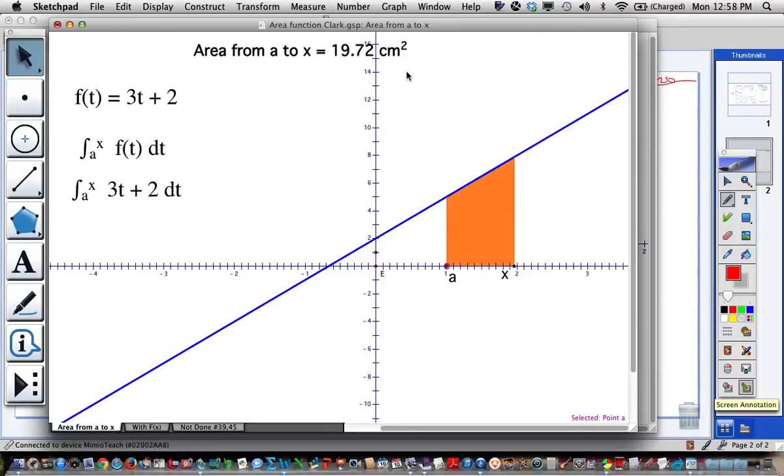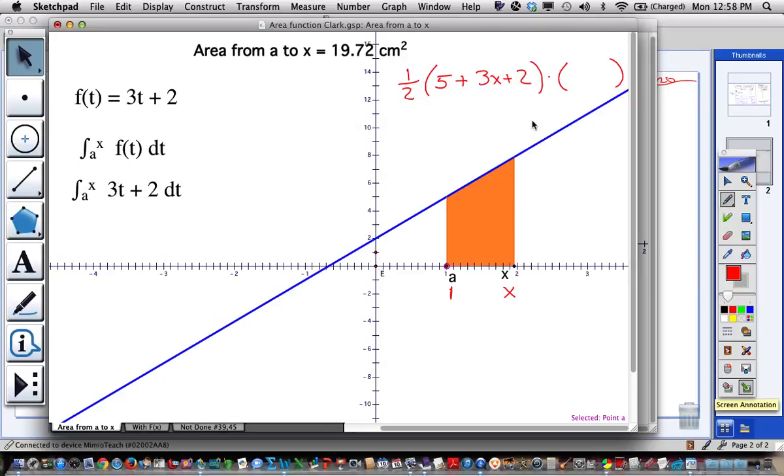Okay, so again, we have a trapezoid, so we're looking at 1/2 the sum of the bases times the height. Okay, what's my left edge here? This is 1 now. This is x. So we put a 1 into the function, we get 5. We put an x into the function, we get 3x plus 2.